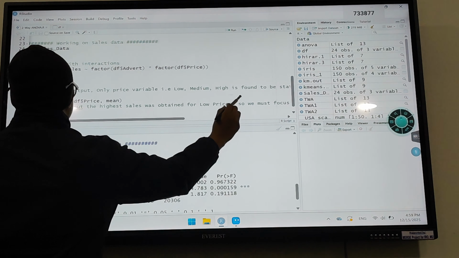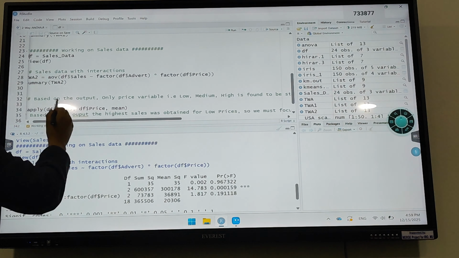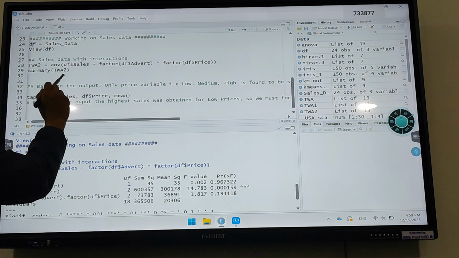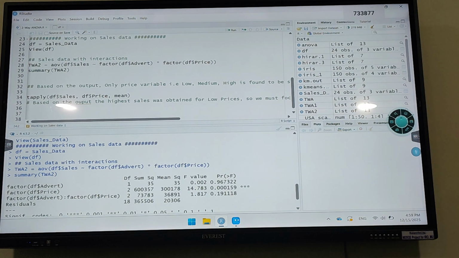That's the interpretation. Now let's see. Here we understood that price is the one that has a different mean across categories, which means there is a significant effect of price.